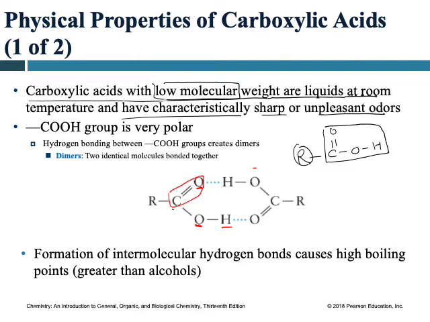If we have the same molecule again, we have carbonyl group over here too, and then we have oxygen attached to the hydrogen. So if you remember, I told you if oxygen is attached to the hydrogen, fluorine attached to the hydrogen, or nitrogen attached to the hydrogen, they can show hydrogen bonding if you have another electronegative atom side by side.